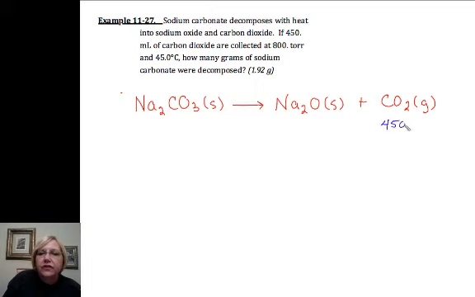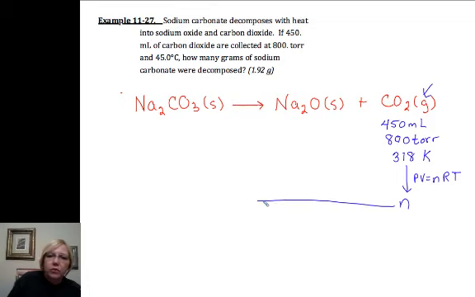Now this is 450 milliliters. Be careful of units here. 800 torr. And let's jump right into the world of Kelvin. 318 Kelvin. Now if I have this information, I can get moles using PV = nRT because it's a gas. So I can use PV is equal to nRT.